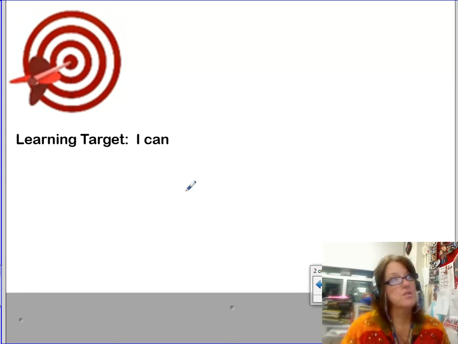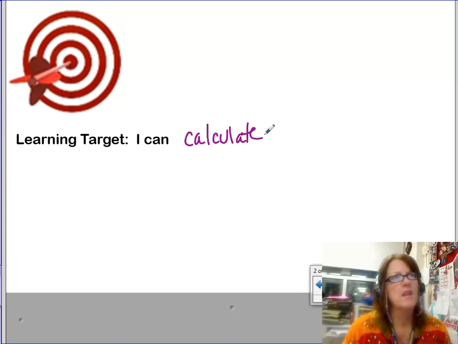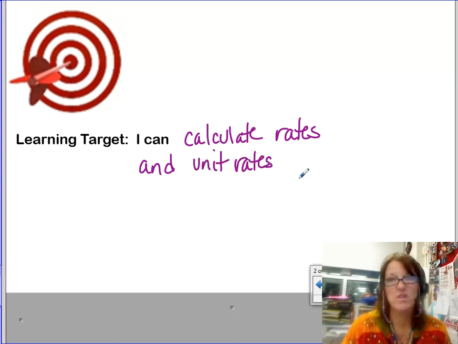All right, so today's learning target is: I can calculate rates and unit rates. And you definitely need your calculator.